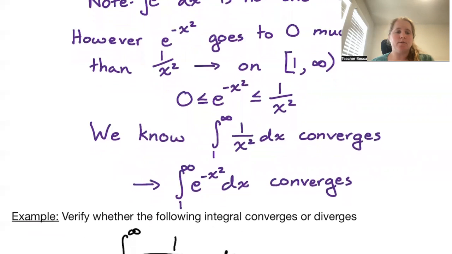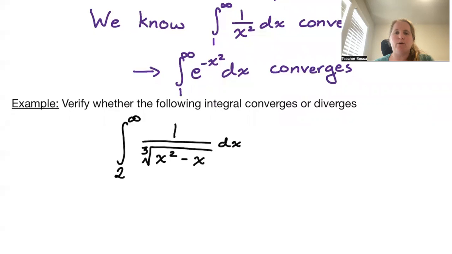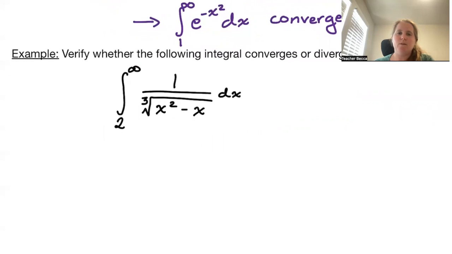On another note, or another example, let's go ahead and verify whether the following integral converges or diverges. It is the integral from 2 to infinity of 1 over the cubed root of x squared minus x dx. So just a quick note.